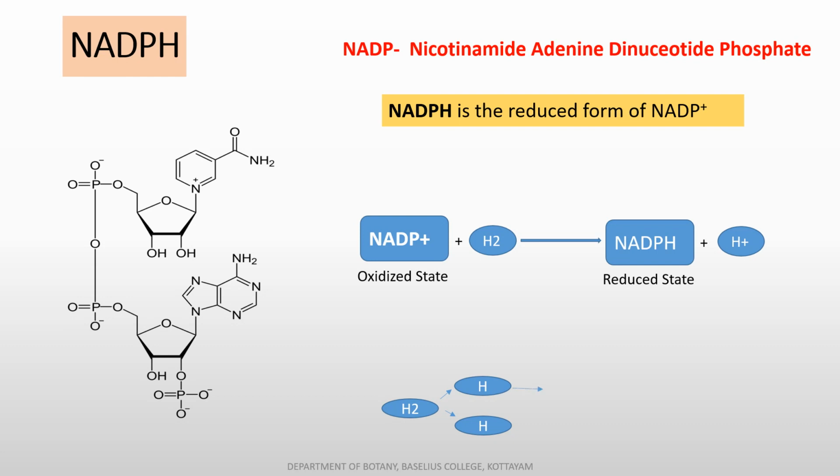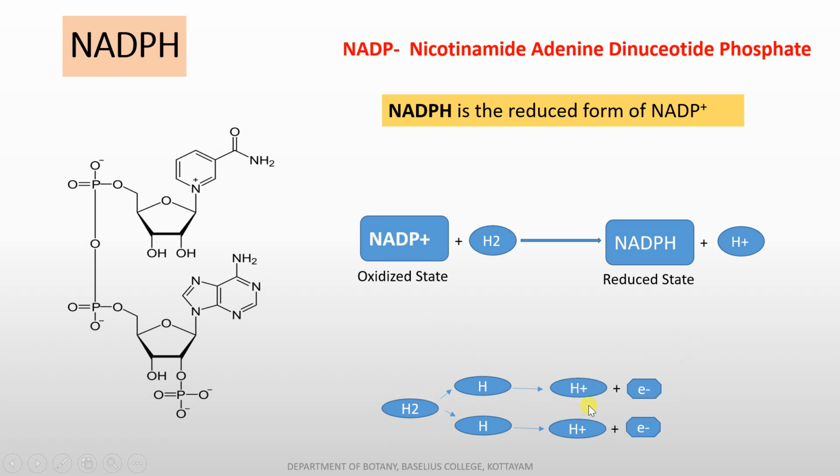One hydrogen atom means one H plus and one electron. So 1 H2 comprises 2 H plus, that means 2 protons and 2 electrons. So we are supplying 1 H2 to NADP plus.